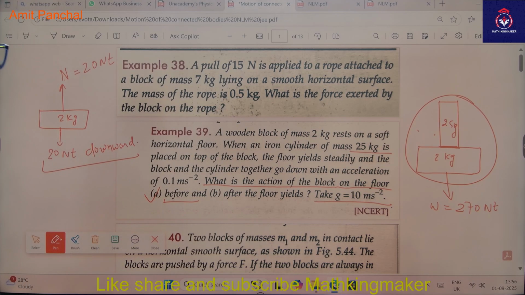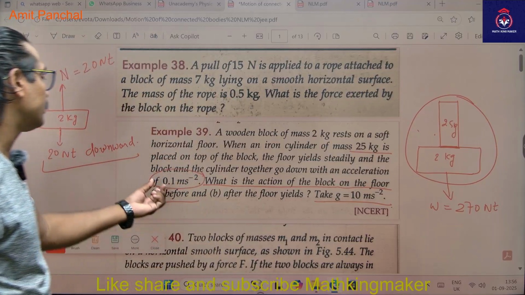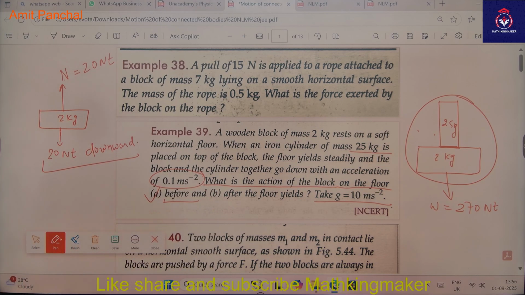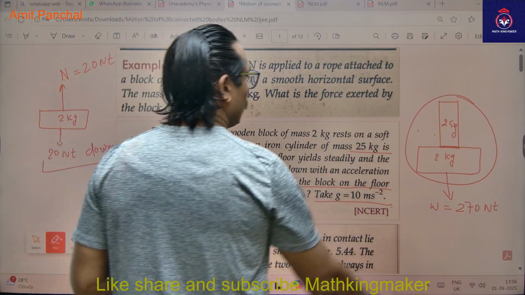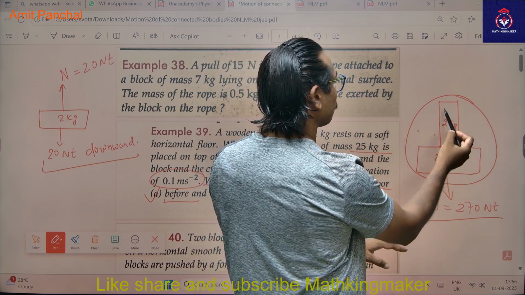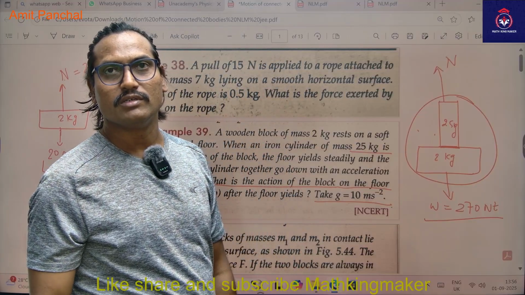And the acceleration is given to you, by which they are going down, that is 0.1 meter per second square. Do you understand it? So now, 270 Newton is there and the reaction normal force is there. This is the normal force, isn't it?